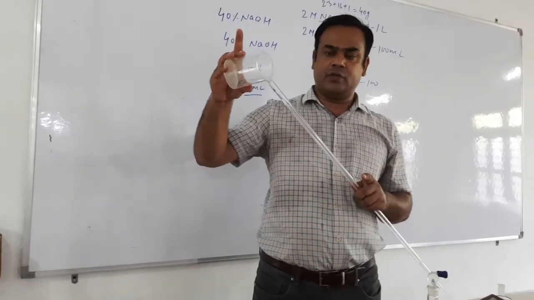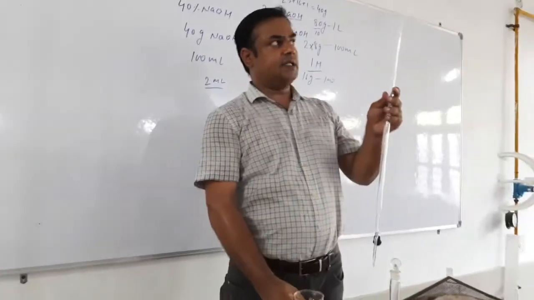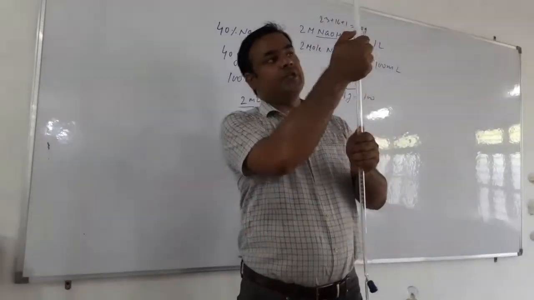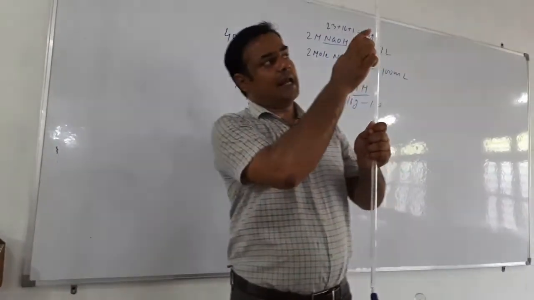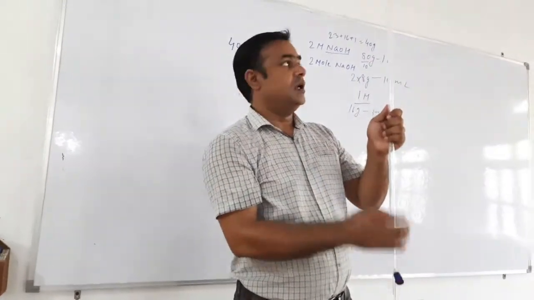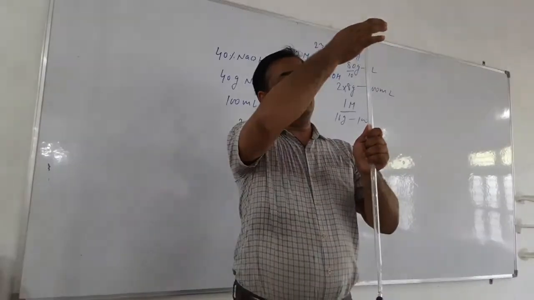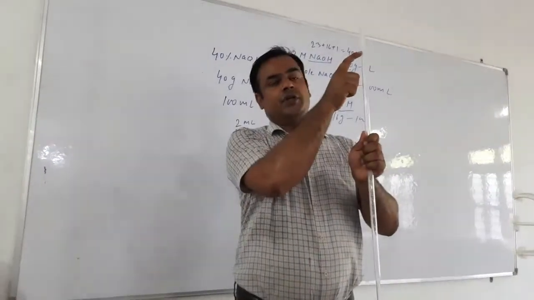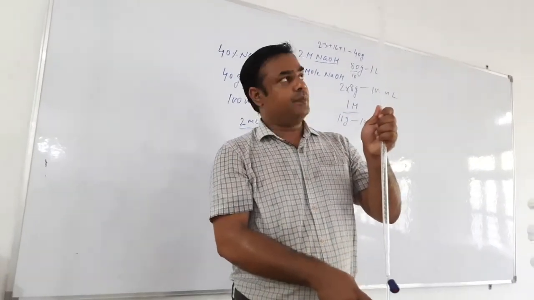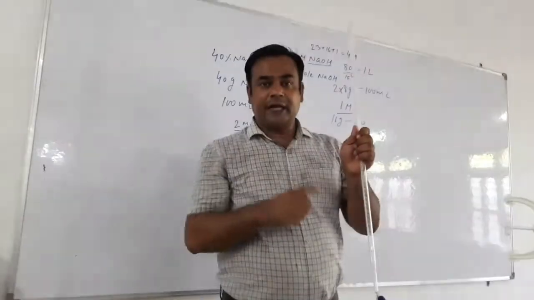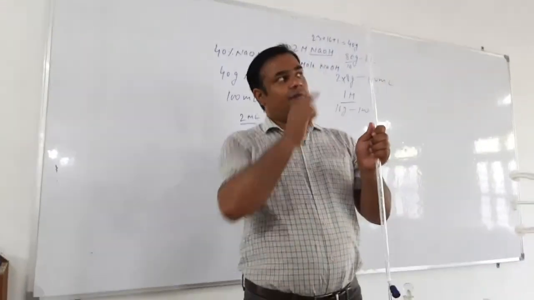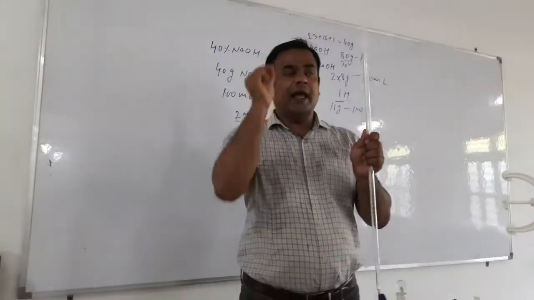The solution will fill inside the burette, and when it comes a little above this zero value, here the calibration is there, 0, 1, 2, 3, 4, 5 up to 50 ml. When we fill from this tip to this 0, it will contain 50 ml solution. So to take an accurate 50 ml solution, we will fill this burette a little above this circle.